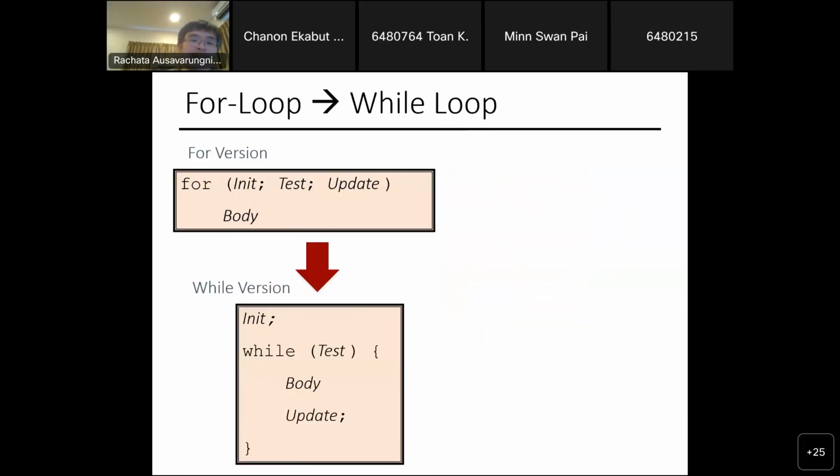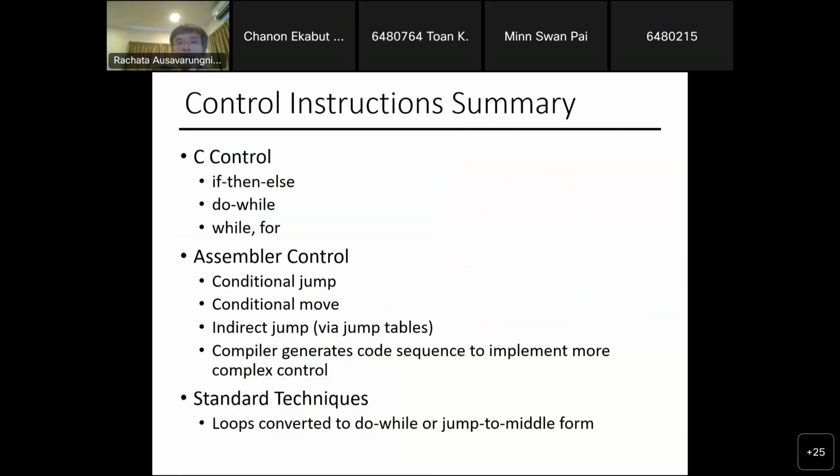You can also replace the for loop with a while loop, and it's actually the same thought process. In summary, the reason they call them control instructions is because they control where you run and how you run the program. Most of the time, your program would run line by line by line, right?